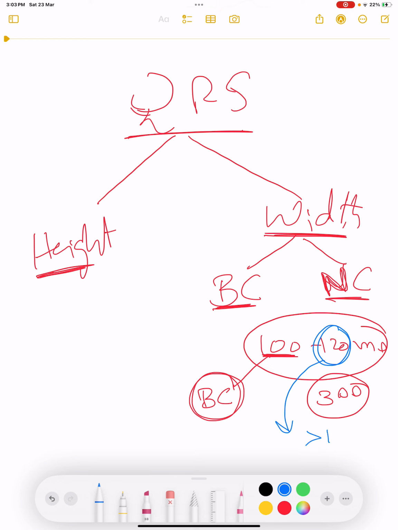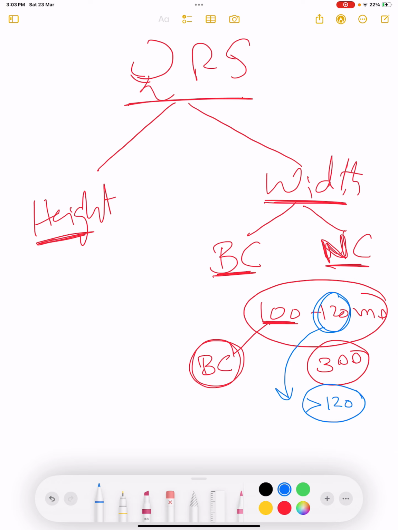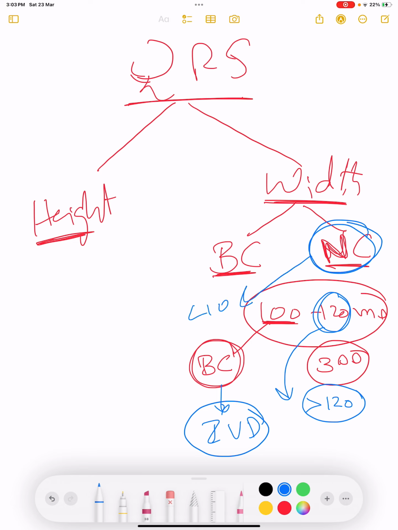If QRS complex is more than 120 milliseconds, it's 100% wide complex rhythm, and if it is more than 100, it is mostly wide complex, and we can say that there is some sort of interventricular delay in conduction. Usually it should be less than 100. Whatever QRS complex is less than 100, we will regard it as narrow complex.